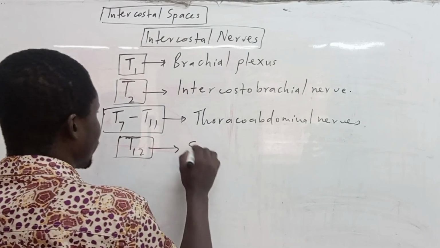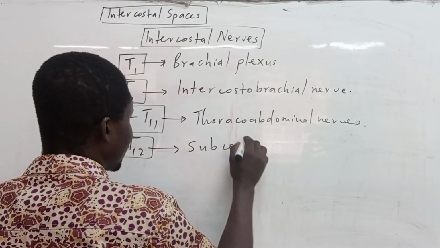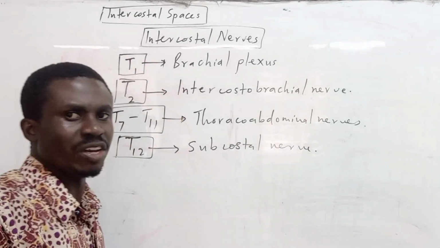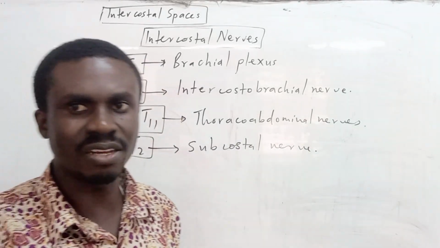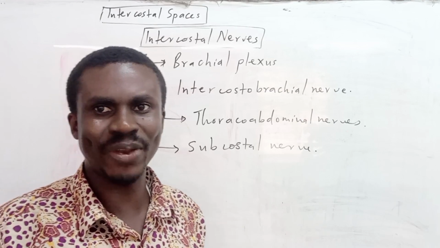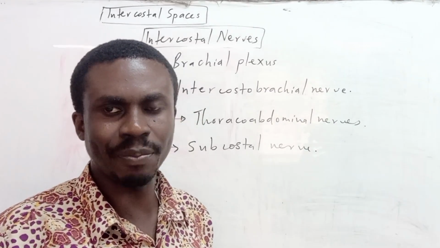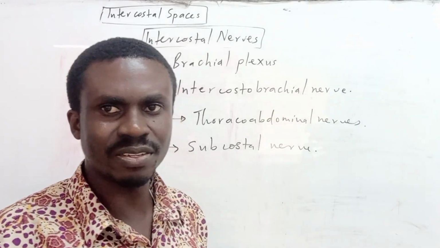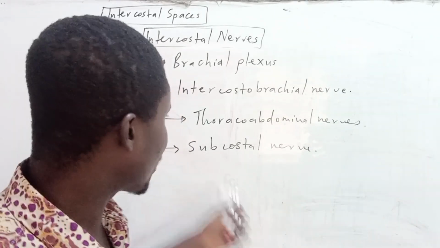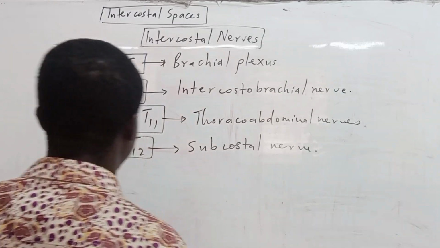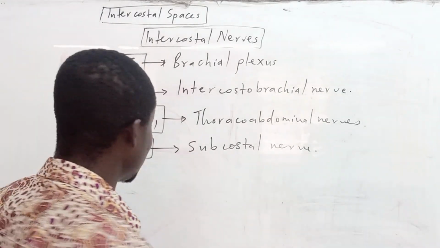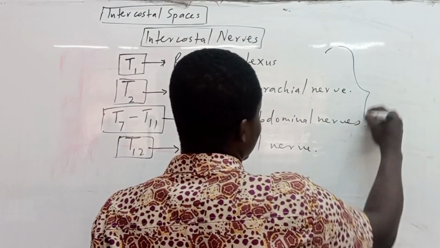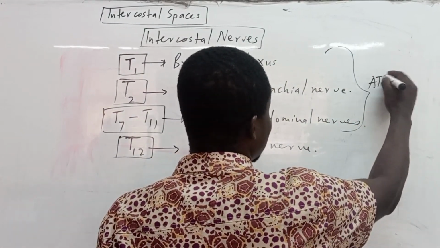This is a subcostal nerve, so it is not even part of the intercostal nerves in the first place. It also goes on to supply some abdominal wall muscles, for example the pyramidalis muscle, after going through the rectus sheath. So these are atypical for the reasons explained.